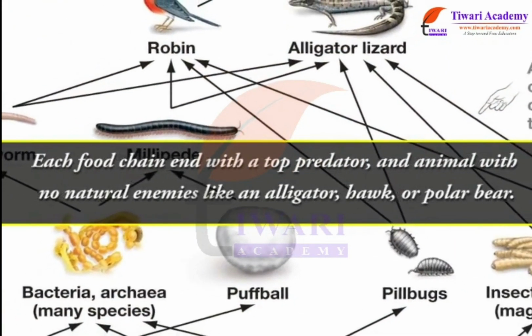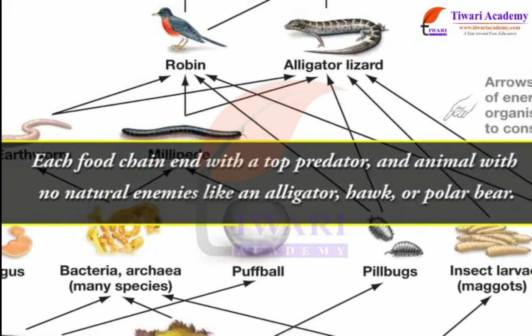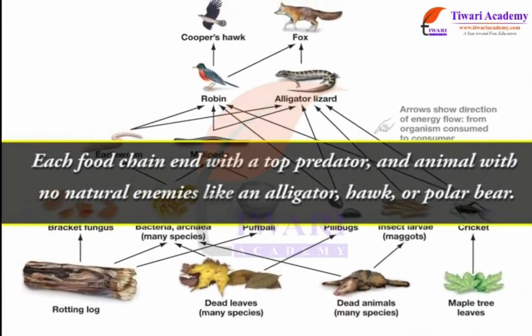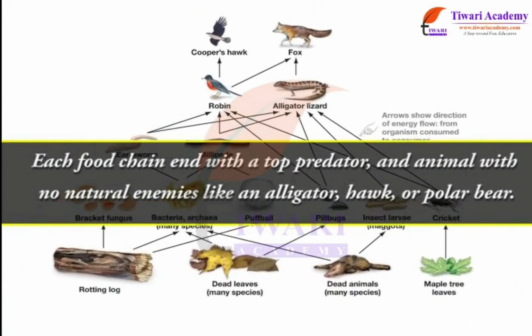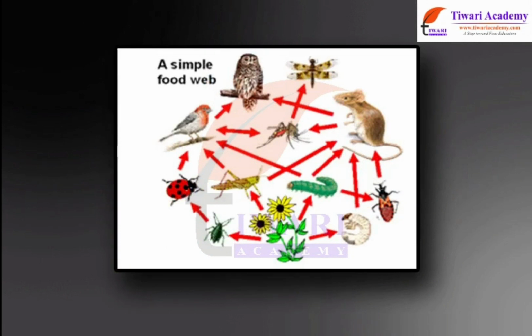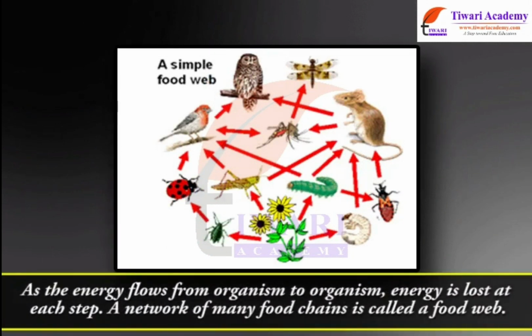Each food chain ends with a top predator, an animal with no natural enemies like an alligator, hawk, or polar bear. As the energy flows from organism to organism, energy is lost at each step. A network of many food chains is called a food web.